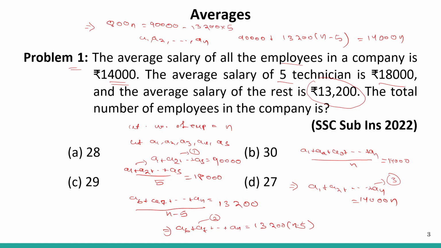That is 90,000 minus 66,000, which is 24,000. Then dividing it by 800 will leave us with the answer.